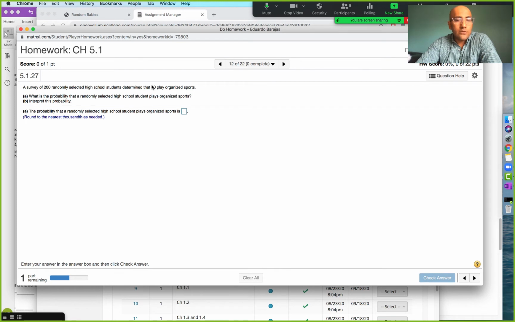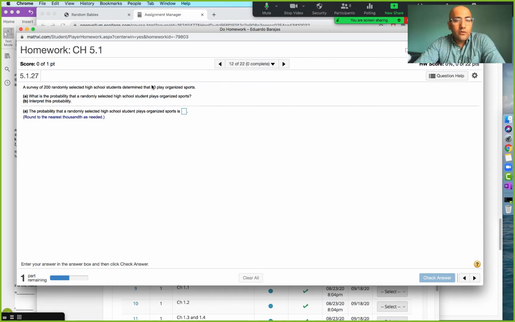So what we're leading to here is empirical probability. If we want to know how many students in this school play organized sports, one way to do it is to start asking people and get a survey going. The experiment is just to ask, do you play organized sports, when you randomly stop somebody, and you keep track of the results.